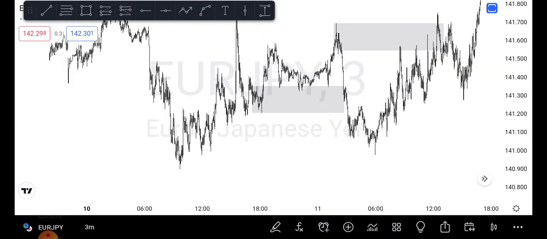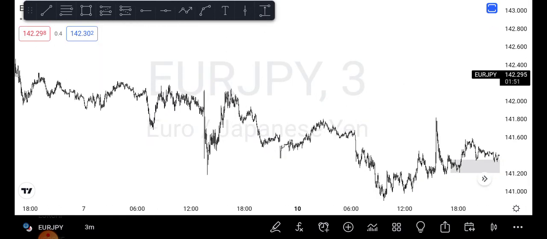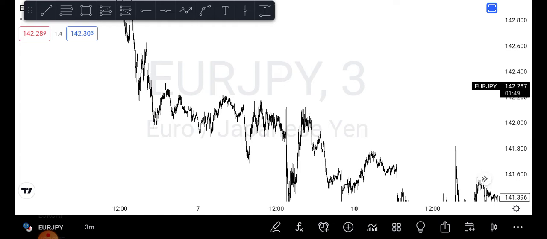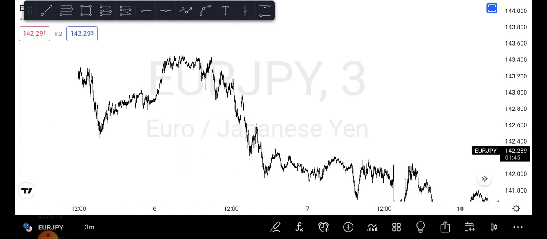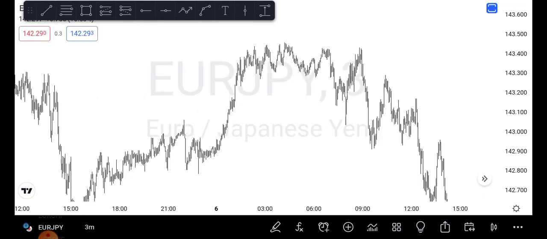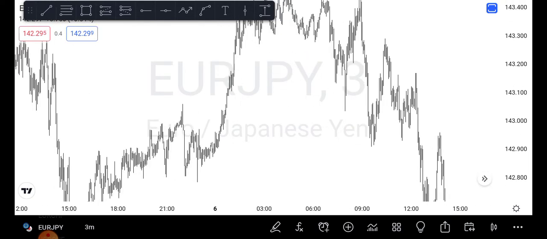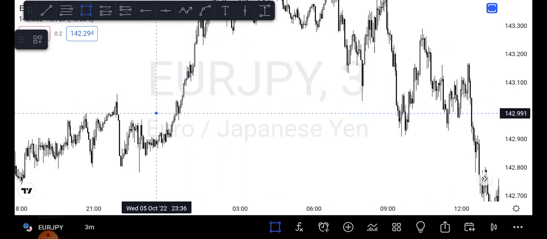I just used the lower time frame so that I can see more examples to use. If you go to the higher time frame, the picture is more solid, but you have lesser examples. Okay, so I think I've seen a demand zone here.